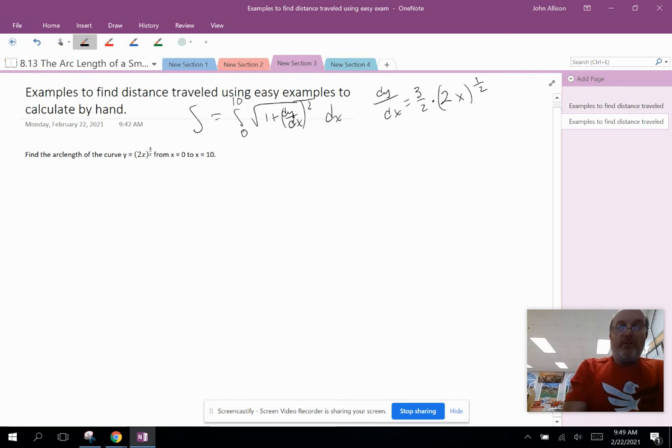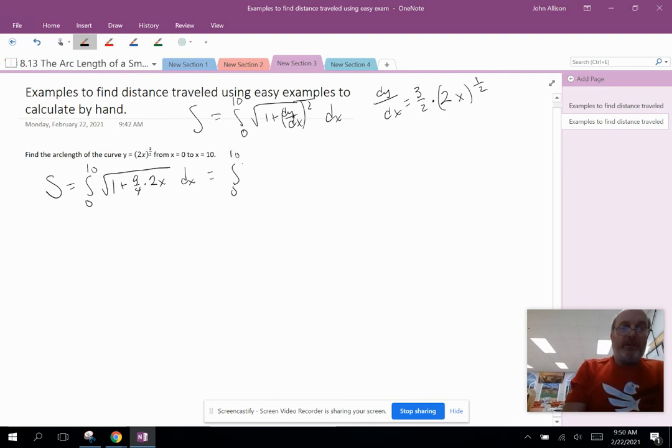So now when we square that, our arc length is going to be the integral from 0 to 10 of the square root of 1 plus, and when I square 3 halves, I get 9 fourths, and then when I square (2x) to the 1 half, I just get 2x, and that's all times dx. Let's simplify that inside.